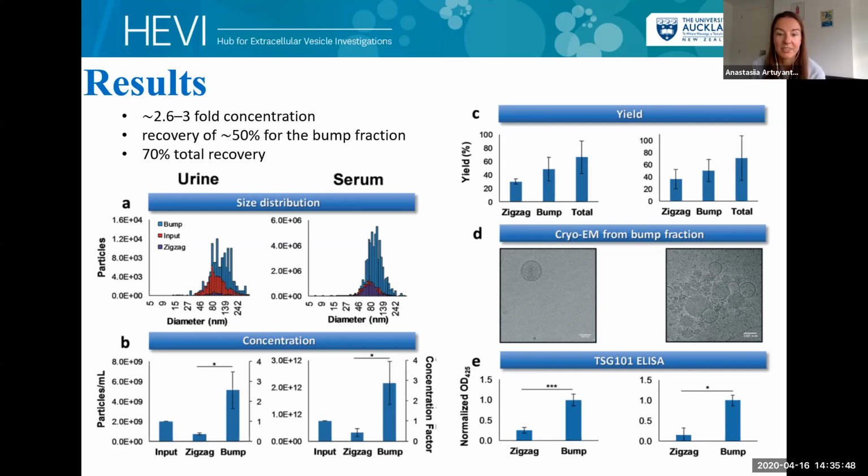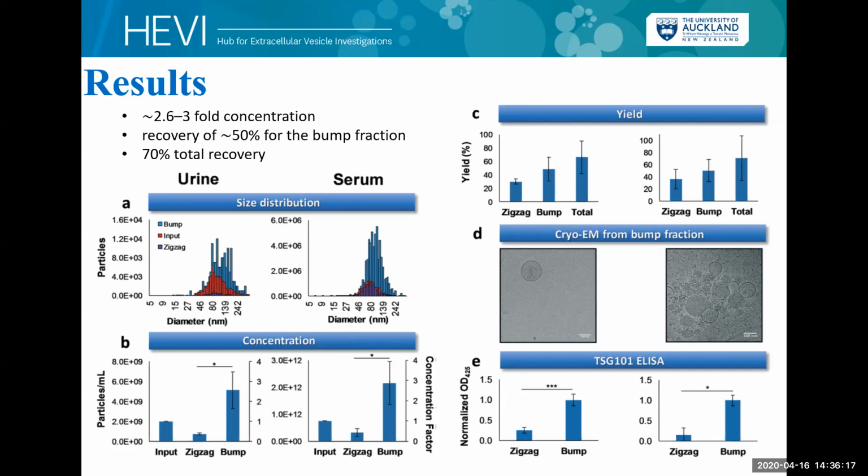Another question from Sandy. Does anything get stuck in the 2 billion pillars? Does anything get stuck in the what? In 2 billion pillars. So they do some pre-filtration designed within the chip that I didn't talk about, where they have some pillars at the front end that would stop any of the larger aggregates or particles.